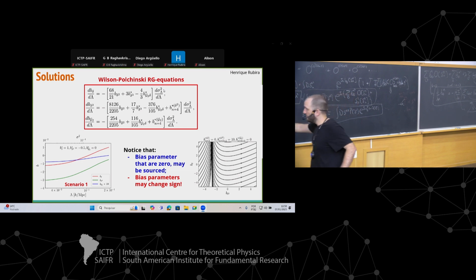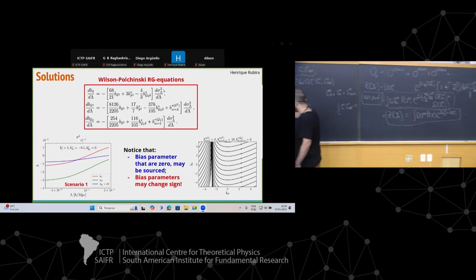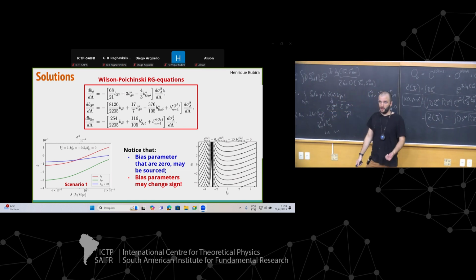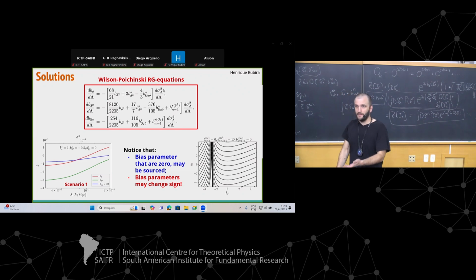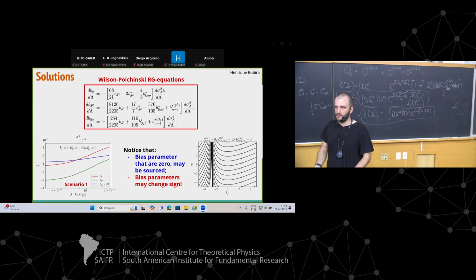It's just the bias measurement you would make if you take the operators and smooth them at scale lambda. Take a simulation, construct these operators on top of it with a cutoff lambda, and measure those biases. Normally in a simulation with an intrinsic cutoff lambda, which is large, you don't measure the large scale bias parameters. You measure them at a fixed lambda.